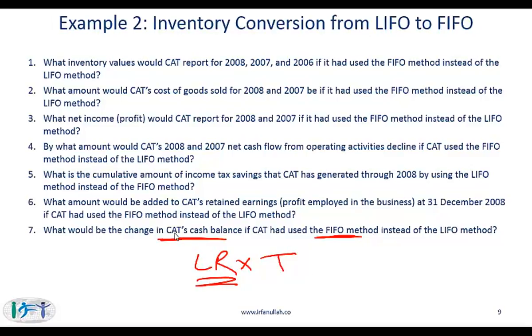Are we talking about a balance sheet item here or an income statement item? The cash balance is clearly a balance sheet item, so that's why we are looking at the overall LIFO reserve and not at the change in LIFO reserve.